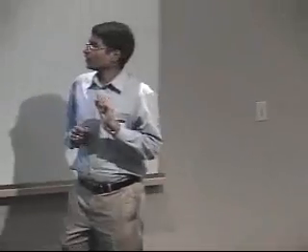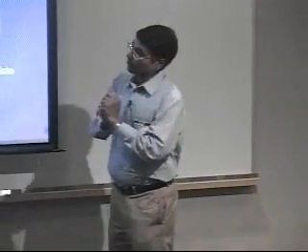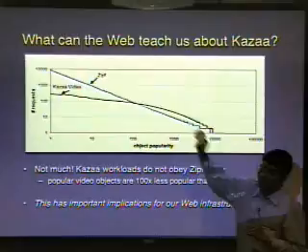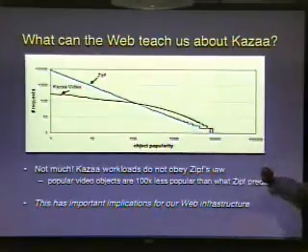Okay? So naturally, the question that we asked was, what can the design of the web teach us about Kazaa? So we looked at the Kazaa request distributions. And interestingly, but perhaps unfortunately, we noticed that Kazaa video request distributions actually do not obey Zipf's law.